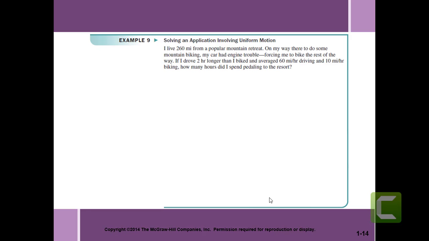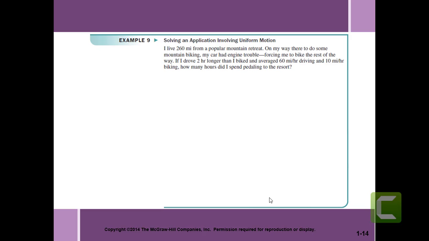Okay, so here's another one. Solving an application involving uniform motion. So it says, I live 260 miles from a popular mountain retreat. On my way there to do some mountain biking, my car had engine trouble, forcing me to bike the rest of the way.